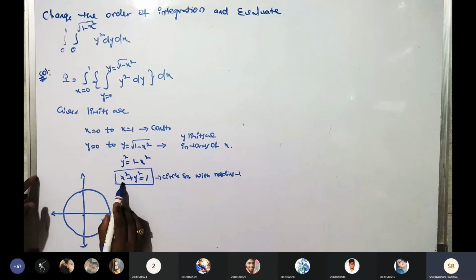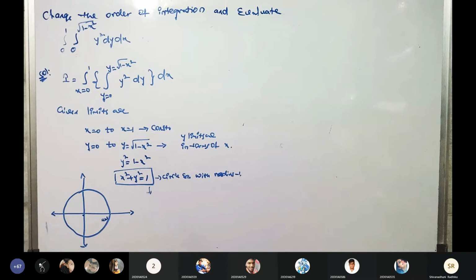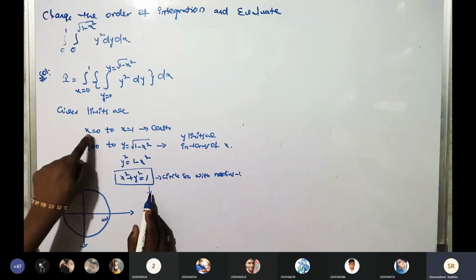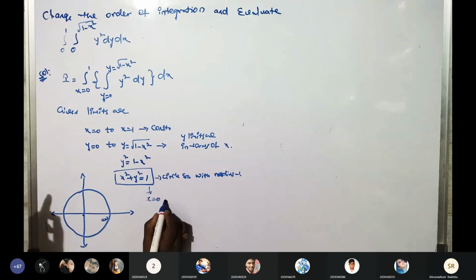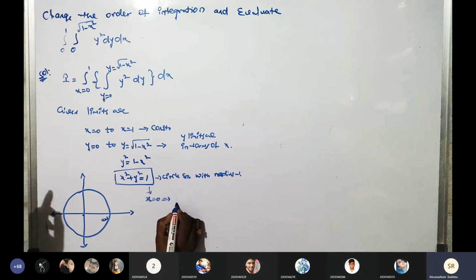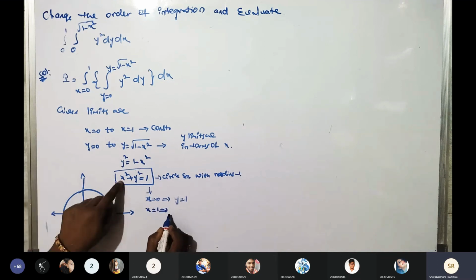When x equals 0 in this, what is the y value? Y equals 1. Now again, x equals 1.